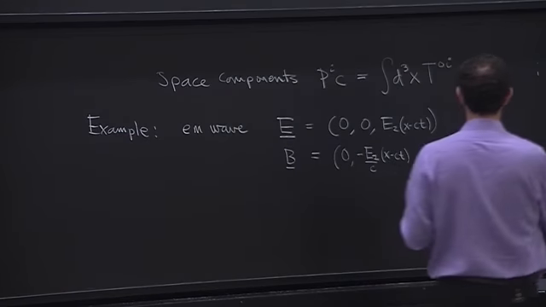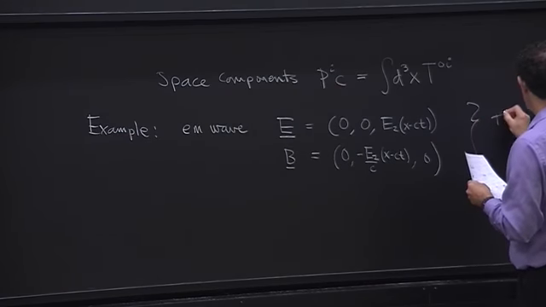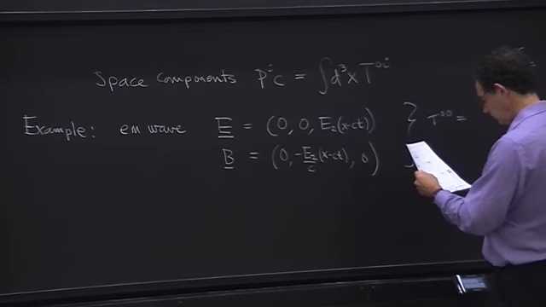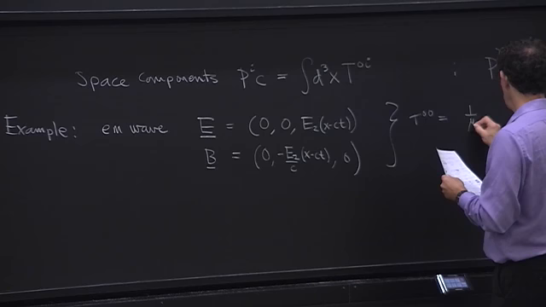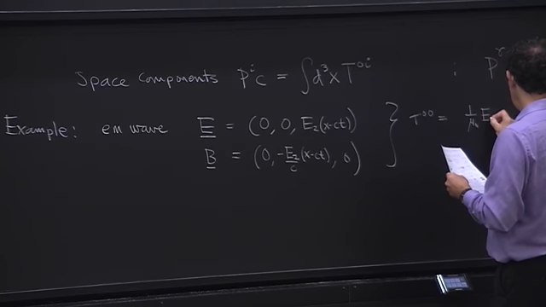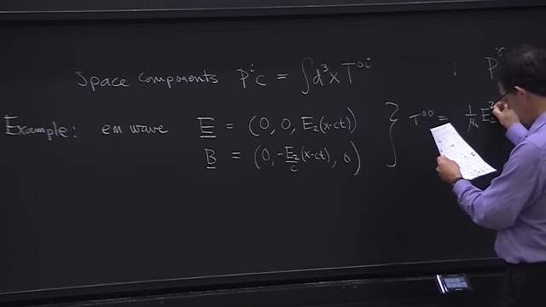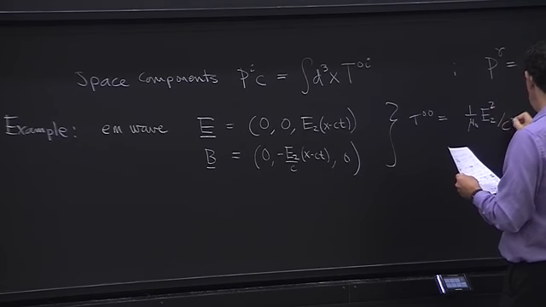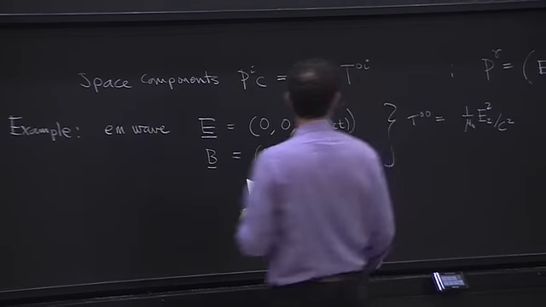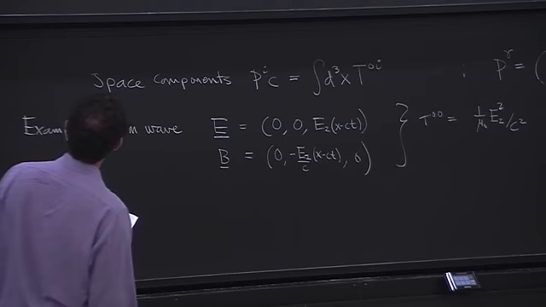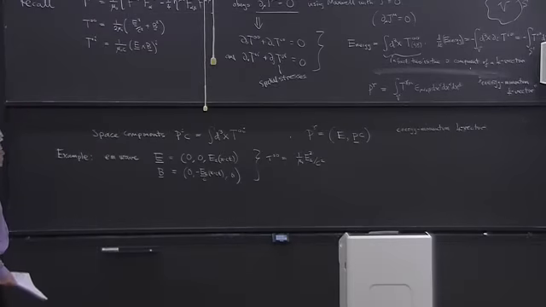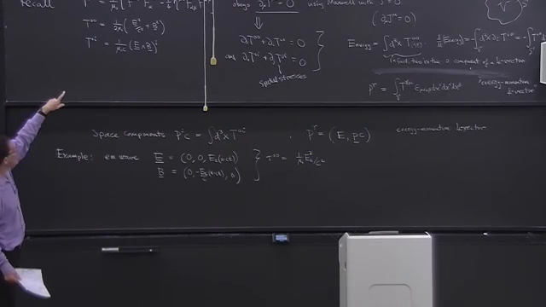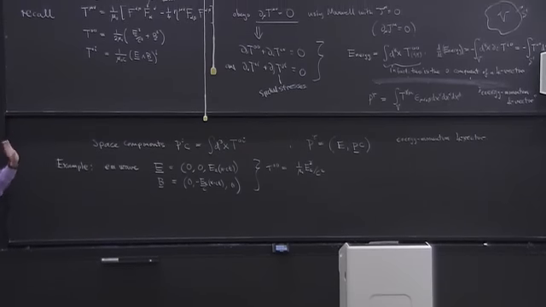And now we can calculate T naught naught. T naught naught is 1 over mu naught E_z squared over c squared. Where did I get that from? Remember, the 1 over mu naught is up there. The F involves E over c.